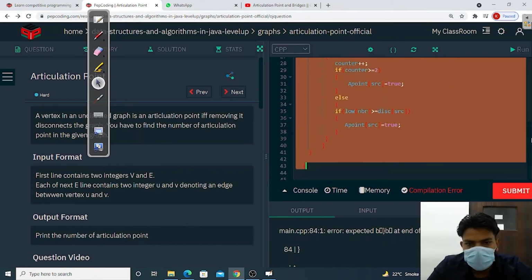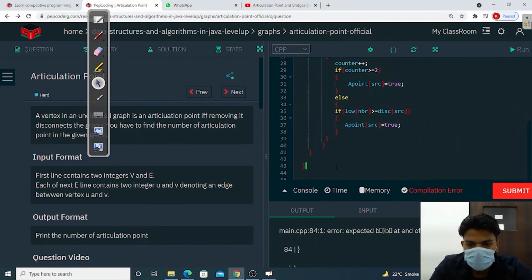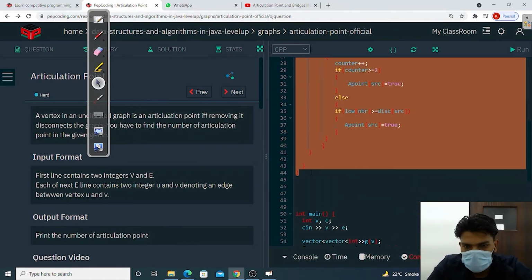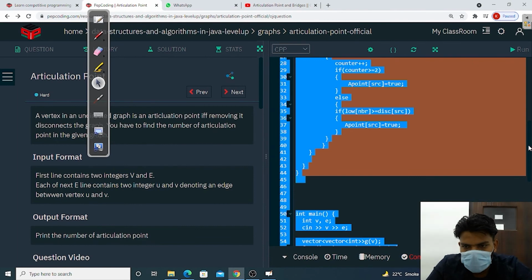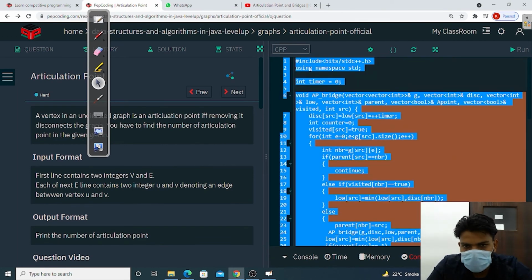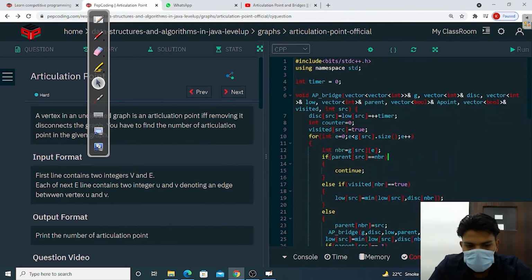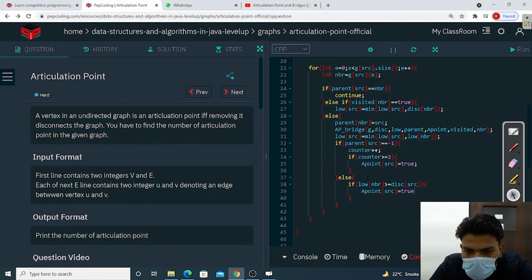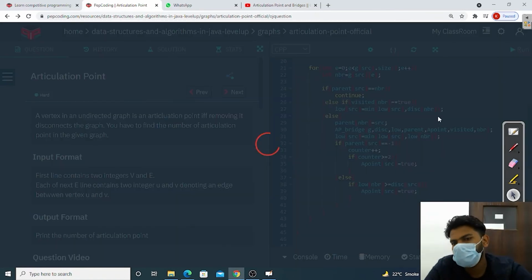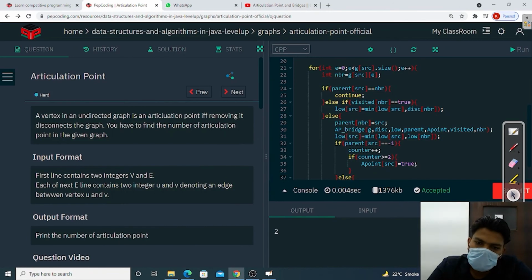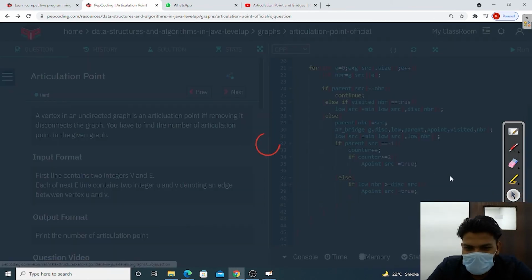So I think we are not creating an extra check. Oh, sorry, we didn't put a comma here, so we'll just put a comma and then run. So it's accepted, and then submit it.